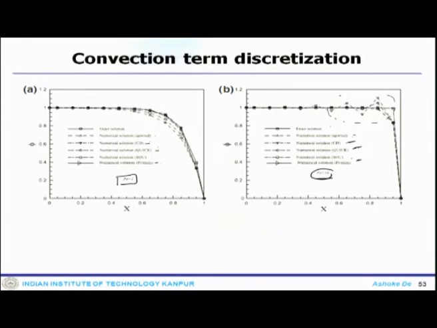Coming back to the Fromm and QUICK schemes, they show some wriggles, but with small amplitude, and the reason for these wriggles is the imposed boundary condition at the exit of the domain.